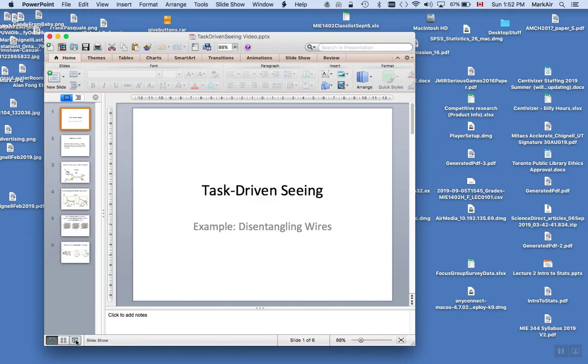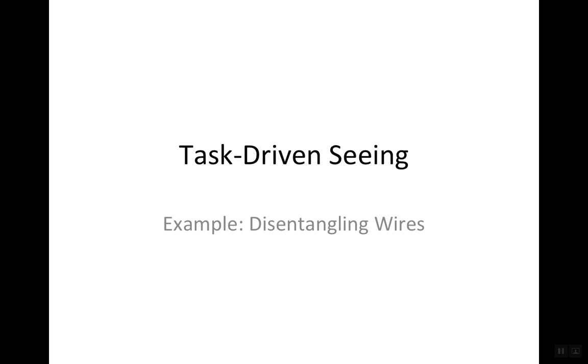In summary then, task-driven seeing is a process where we are using the cognitive blackboard and we're using other parts of the brain like the frontal eye fields to create scanning strategies that will spread visual attention or object attention over the portions of the visual field where the task requires us to look and where we have to make visual decisions associated with the task.